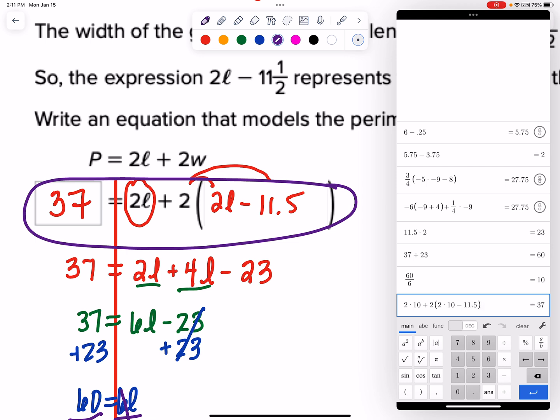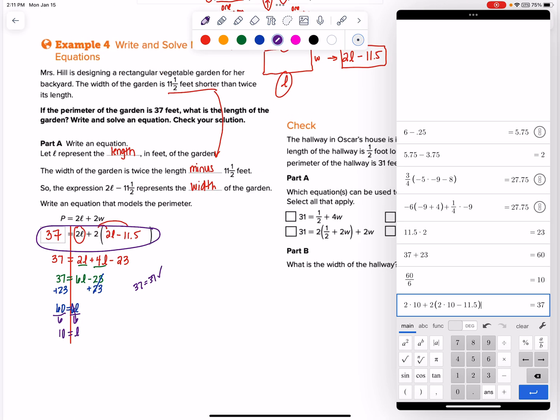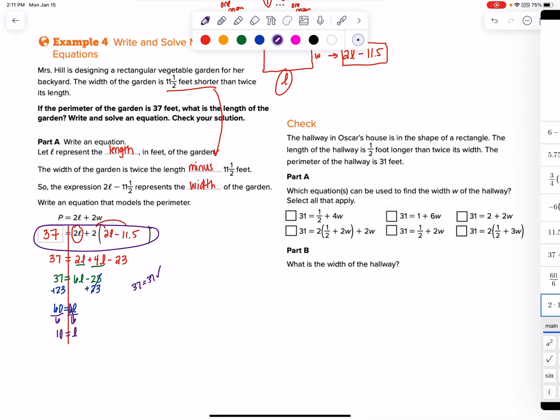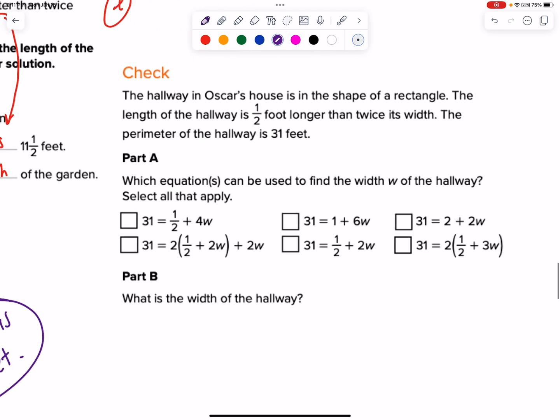It'll automatically use order of operations, and there we go. You can see 37 equals 37. So our check works out. So what is the length of the garden? The length is 10 feet. And there we go.